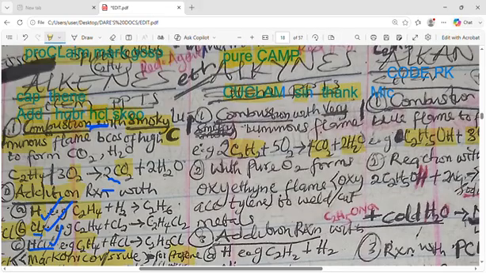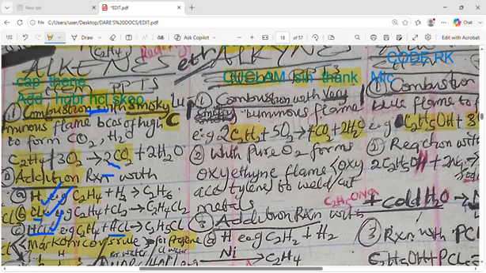So the pure camp, what does pure represent? The pure means pure oxygen. When you take pure oxygen and add it to your ethyne, we call it oxyethyne. And since ethyne means acetylene, oxyethyne becomes oxyacetylene, which is a very hot flame.